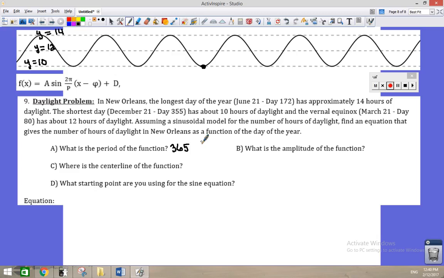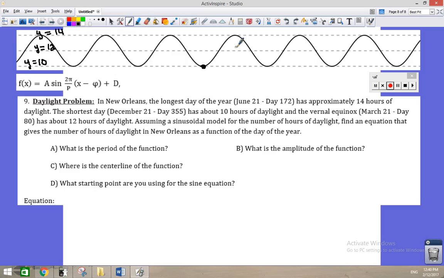Now, is that going to make this equally spaced, though? Should we assume the 365, or should we use their days and see how close we come to that 365? Let's do that. So the longest day is 172.